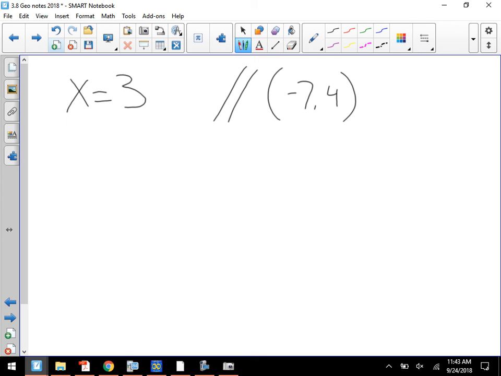What kind of lines are parallel to vertical lines? What's the equation of every single vertical line? If you only had it written down, you could read it: x equals a number, right?